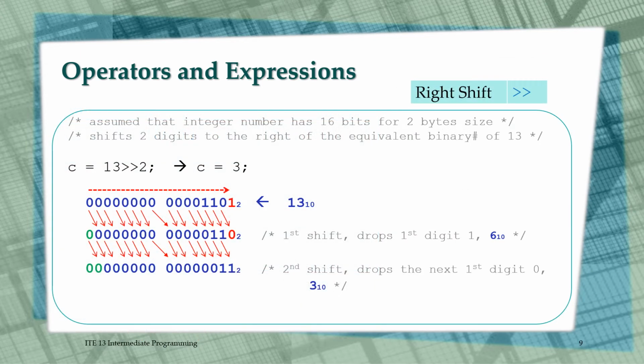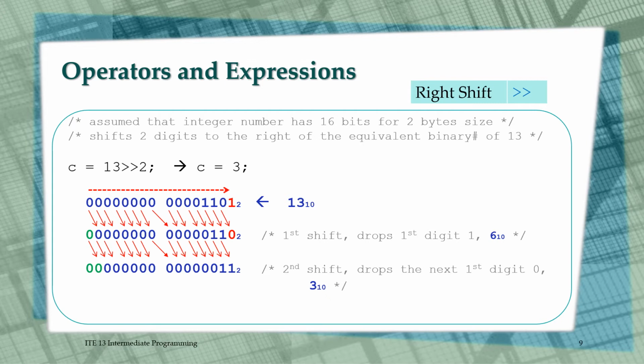Our first example here is on the right shift operation. Say we have an integer number 13 of 2 bytes, subject to a right shift operation of 2 counts. Each digit of the binary equivalent, as shown in the diagram, will be shifted or moved 1 count at a time towards the right side, so that is twice, while the leftmost end will have additional zeros to complete the sequence.